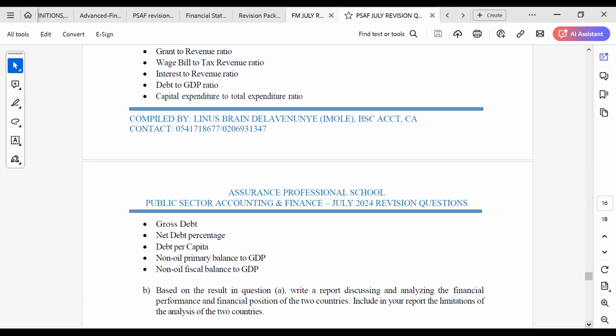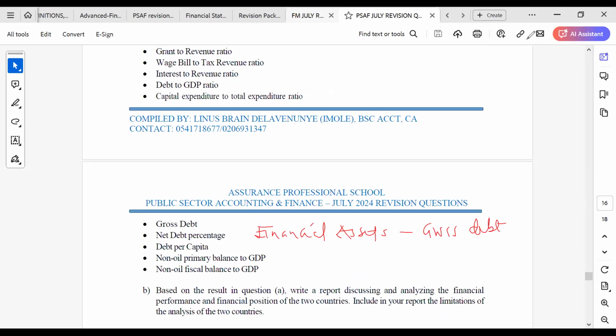The net debt is just your financial assets minus your gross debts. So we need to find the financial assets.